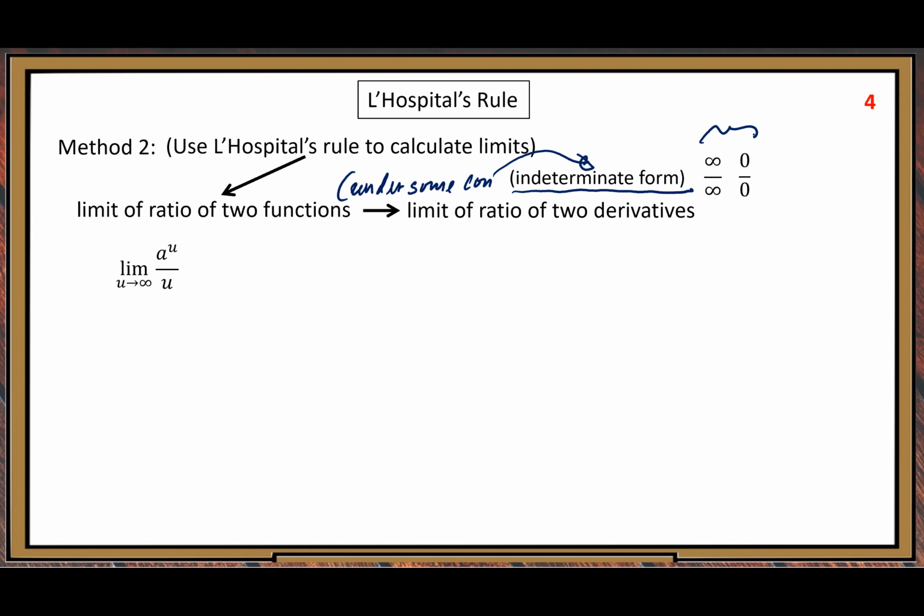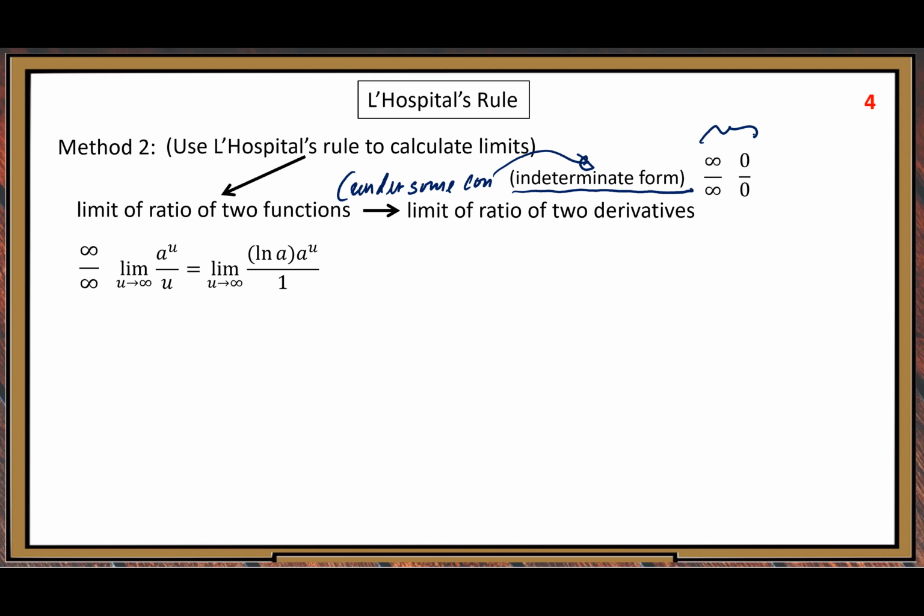Yes. The numerator approaches infinity when u goes to infinity. Similarly, the denominator also approaches infinity. So we have no problem applying L'Hopital's rule. Let us work on it.